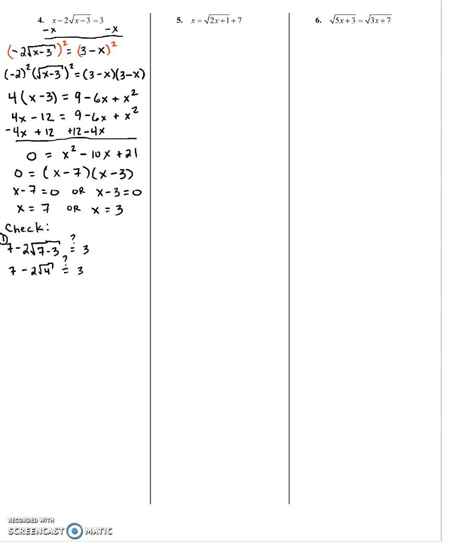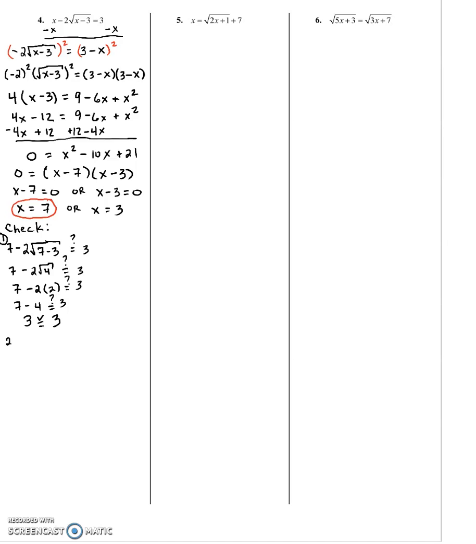Now the square root of 4 is 2. So we have 7 minus 4, and we want to know if that equals 3. Well, yes, 3 equals 3. So we know that x equals 7 is an answer.